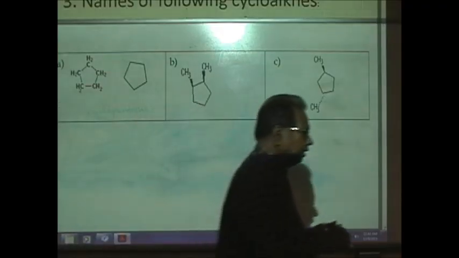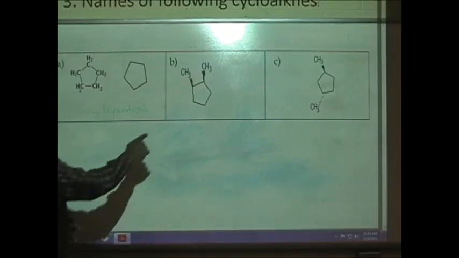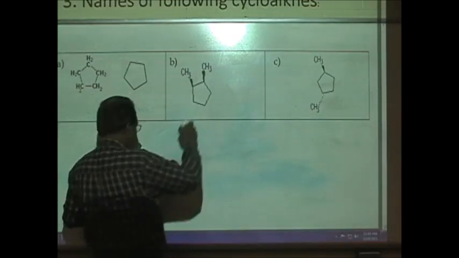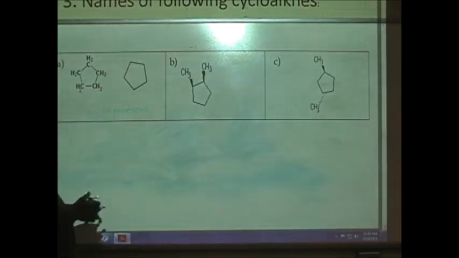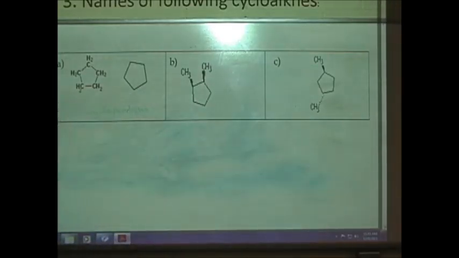This molecule, when you have 2 substituents in a cyclopentane, this is still cyclopentane. Now, these dark arrows, dark means they are coming out on the same side.